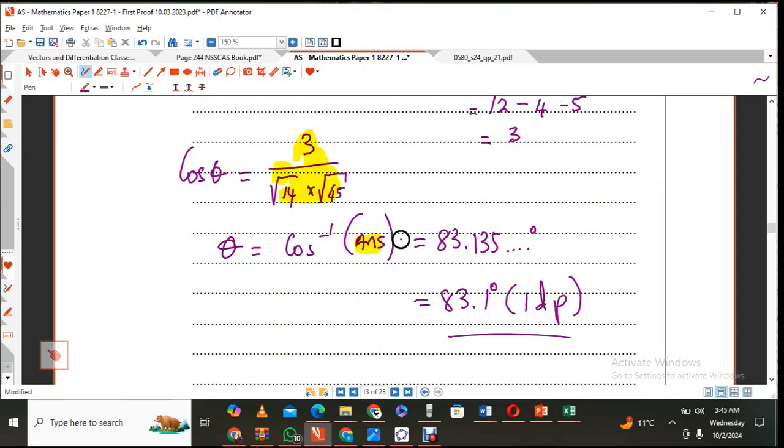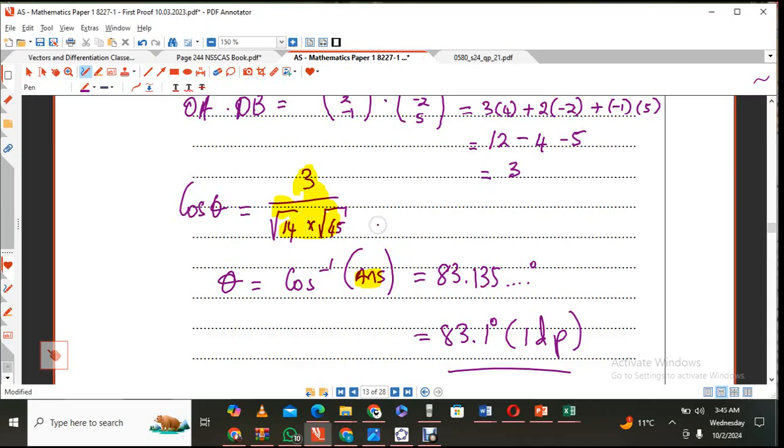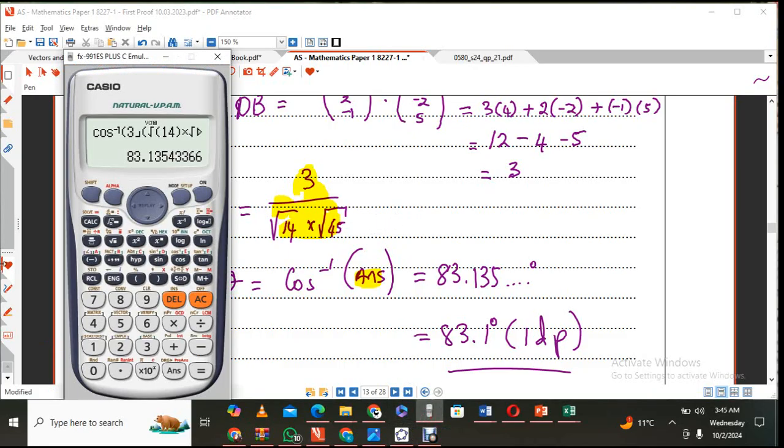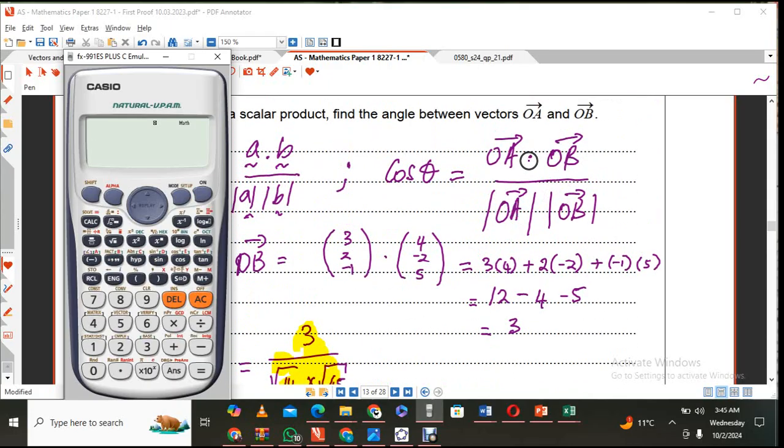But let me just show you how to find these using the calculator. So I'm going to start all over, clear everything, so you have an idea. I'm going to decide that from here, my vector OA, which is 3, 2, negative 1. So I'm going to go to set up, the mode, and change it to vectors.